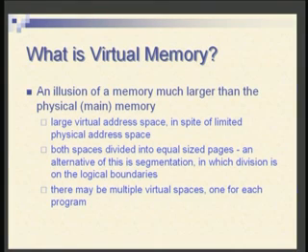So, what actually is virtual memory? Virtual memory is simply an illusion of memory which is much larger than the physical memory or the main memory. So, we have basically a large virtual address space, which may be bigger than the memory physically present, and it may not have any relation with how much memory is present.